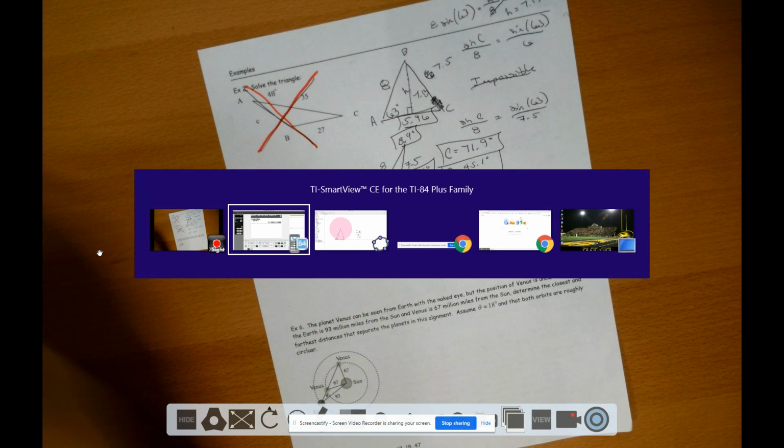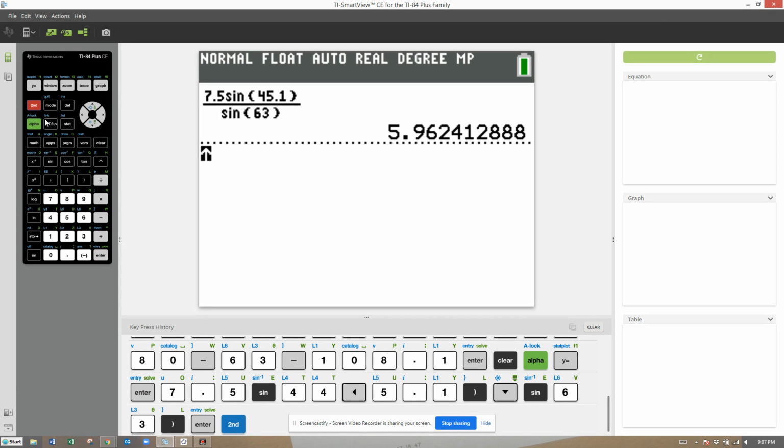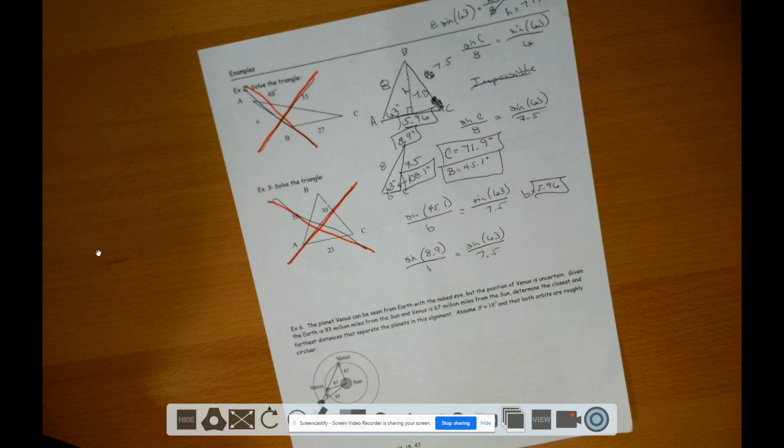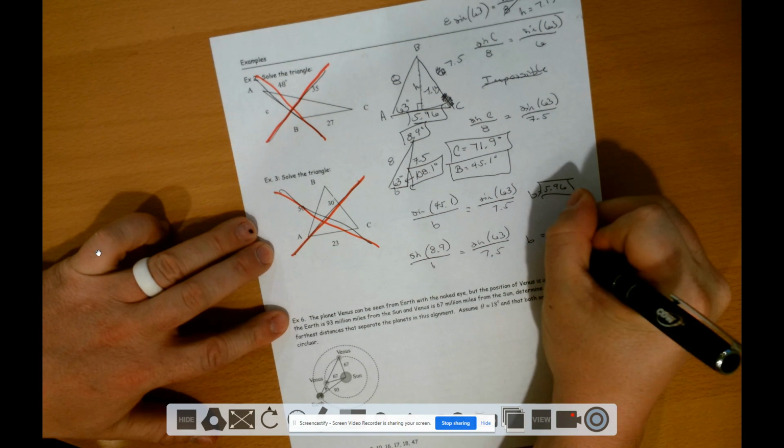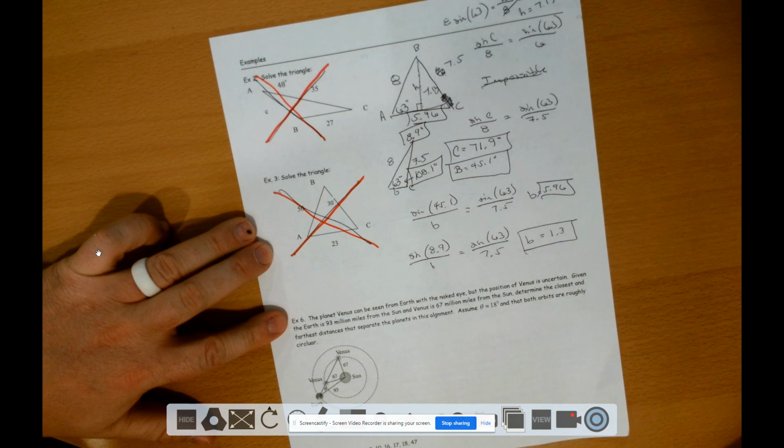So I'm going to go back to my calculator, grab the same entry, and instead of where it says 45.1, I'm going to change it to say 8.9, and hit enter, and I get 1.3. So B in my bottom triangle is length 1.3.